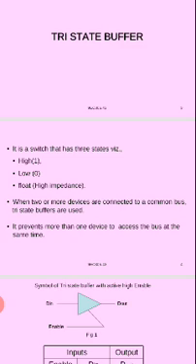for any circuit or for any logic, output may be low or high. It may be low or high.